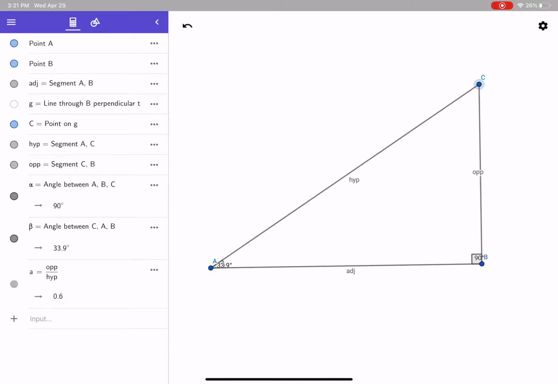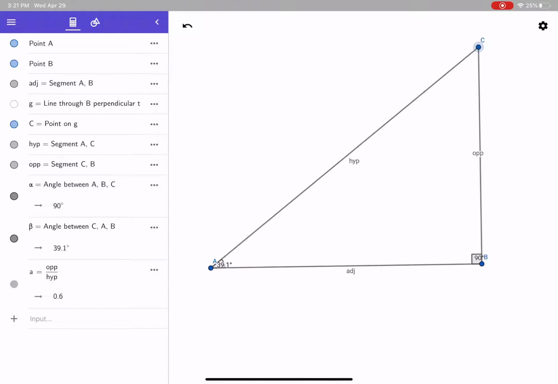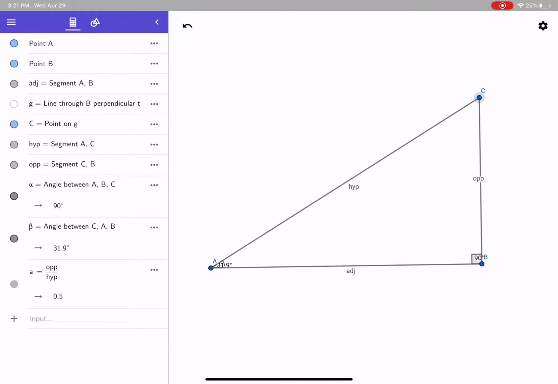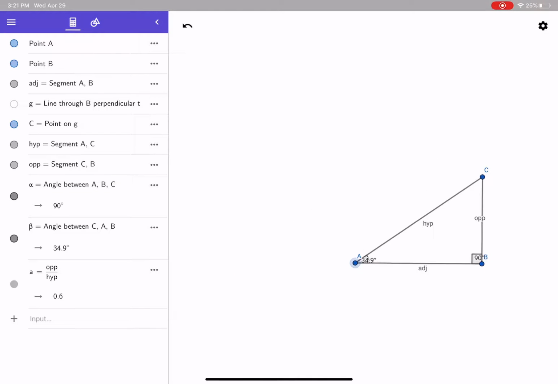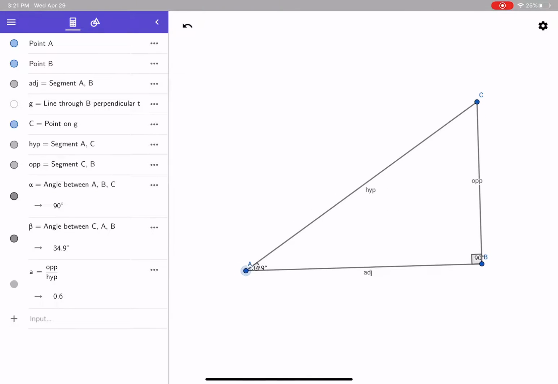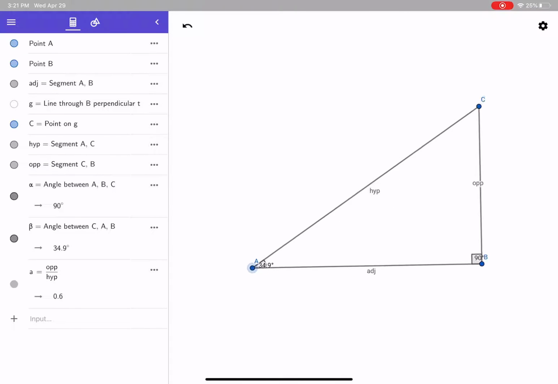And notice that whenever I change the angle there, the opposite over hypotenuse ratio is correspondingly going to change. All right, let me put it someplace like this. And now let me move point A. Now look at it. The angle stays the same, and the ratio of opposite to hypotenuse also stays the same.